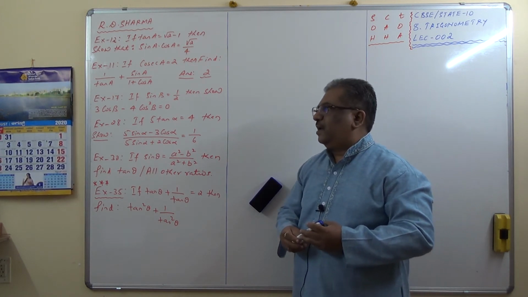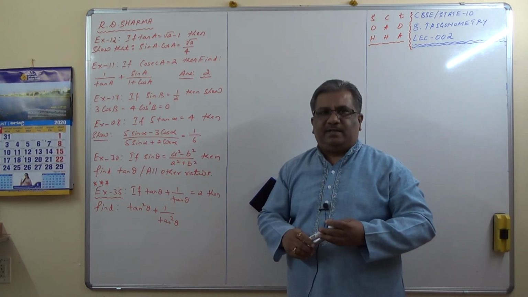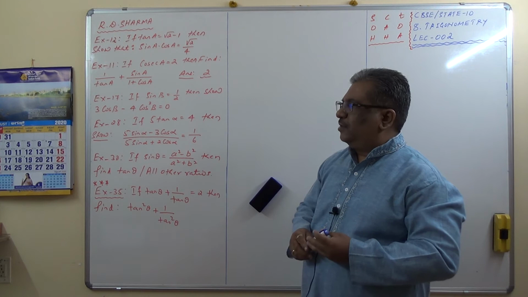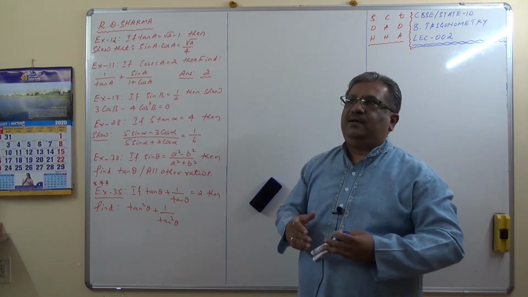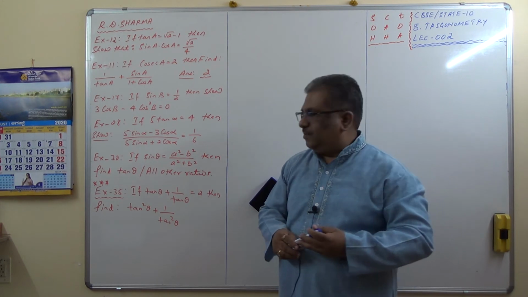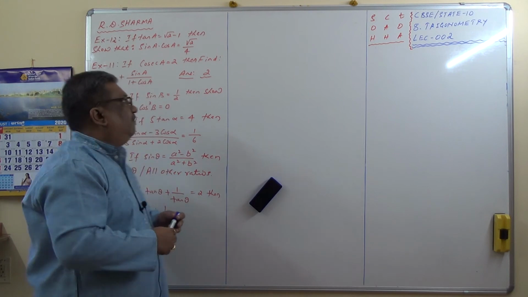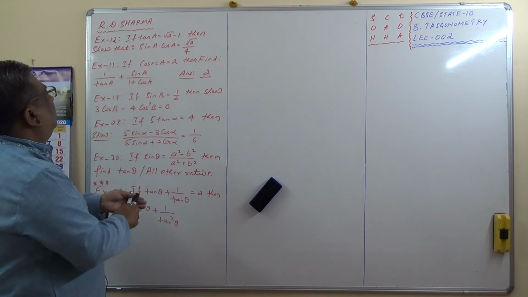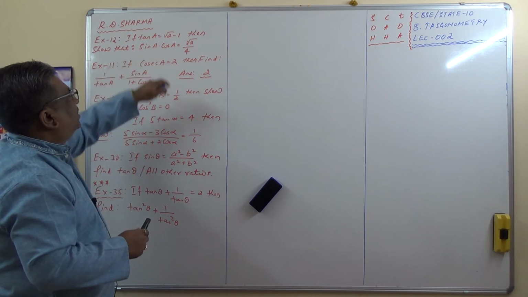Otherwise, your textbook numericals are also quite competitive in nature, and most of the numericals of R.D. Sharma are similar to the one that have been given in your textbook.